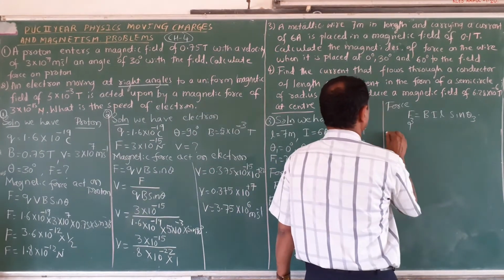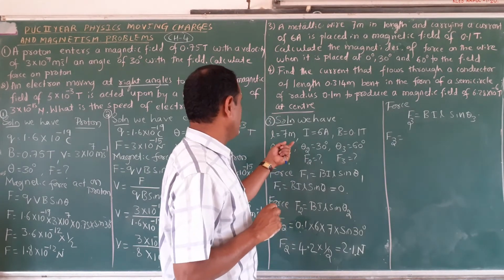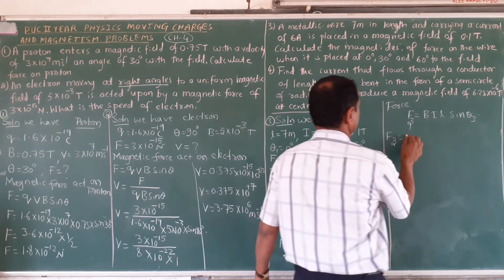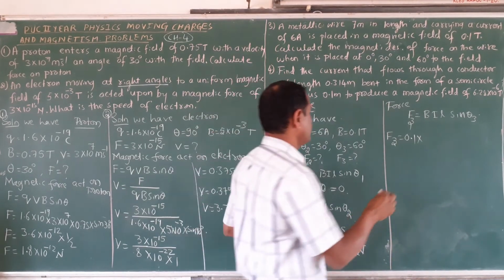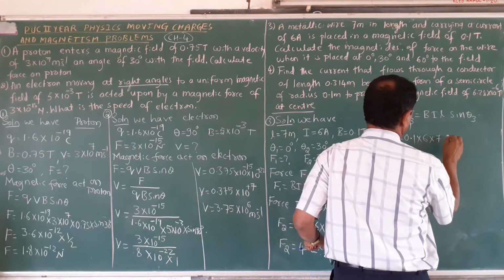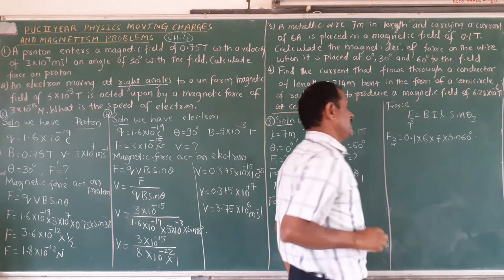F3 is equal to BIL sin 60 degrees. What is the value of B? B is 0.1, into I which is 6, into 7, into sin 60 degrees.